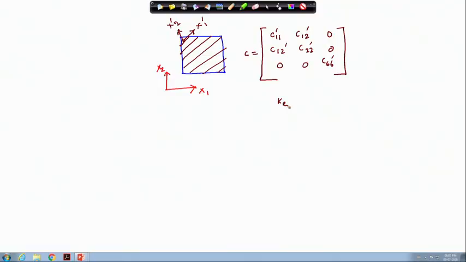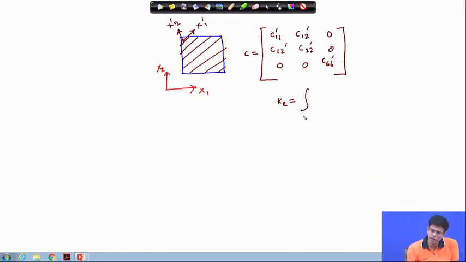But when we solve through finite element, or any structure is solved, we will be evaluating the elemental stiffness matrix, say K E. Those who have studied finite element know the elemental stiffness matrix needs to be evaluated over the element domain, which is essentially the integration of B transpose C B over the element. So this is C prime.